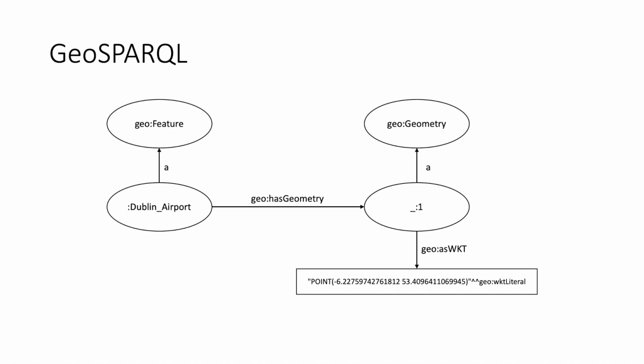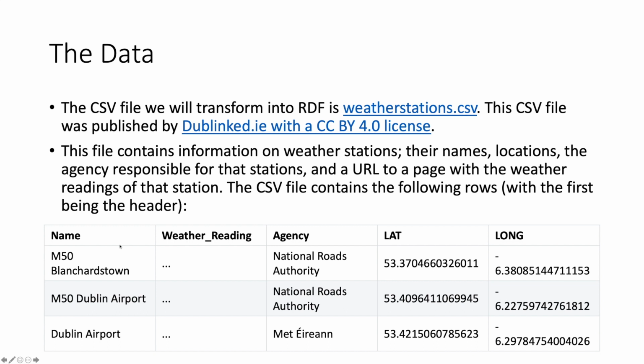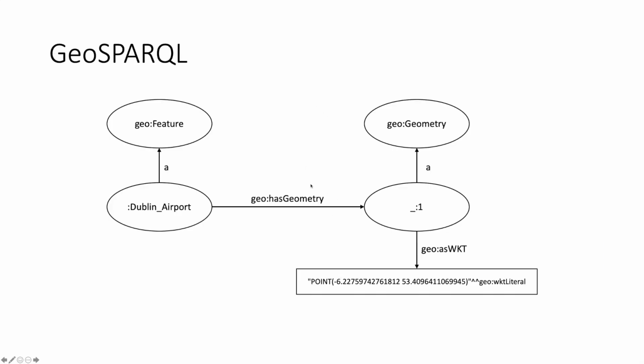So in a way, we need to separate the data set that we have here into two entities. Part of this data will be used to represent the feature, and parts of this data will be used to represent the geometry, and both of them will then be linked with a predicate called geo:hasGeometry from the GeoSparkle vocabulary.